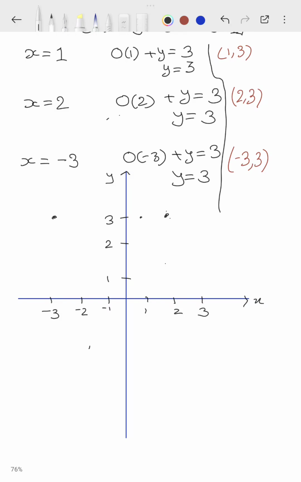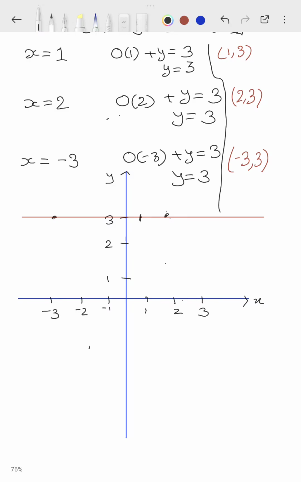So if we join all these 3 points, we get a straight line passing through the y-axis. So this is our straight line. Now I can write my coordinates.